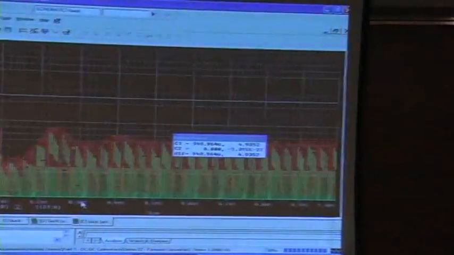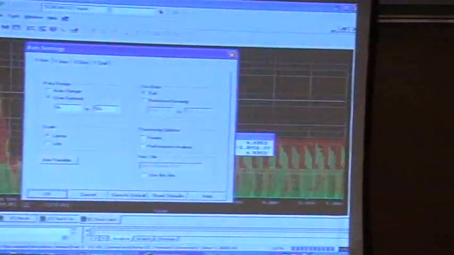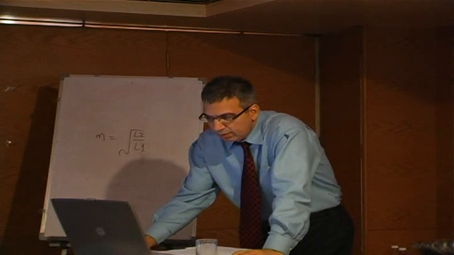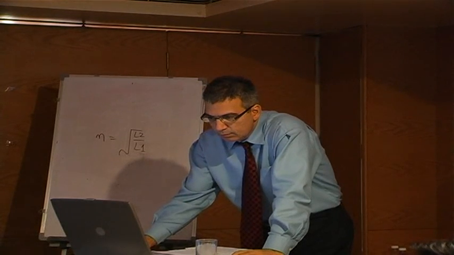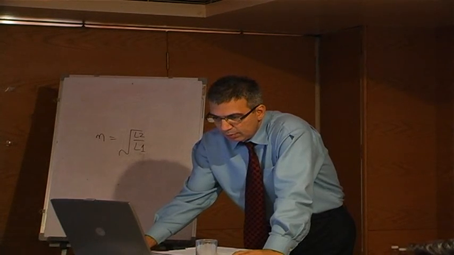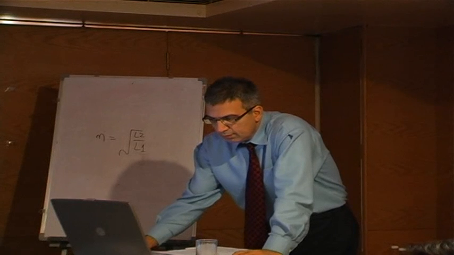If we zoom in, the green one is the primary current and the red one is the secondary current. They both conduct at the same time. Their actual zeros are not lined up; we could line up the zeros to see the effect.